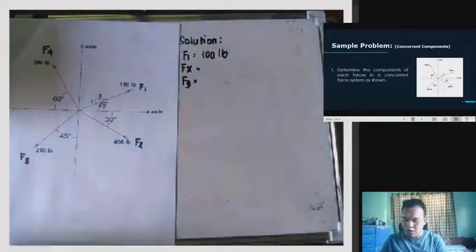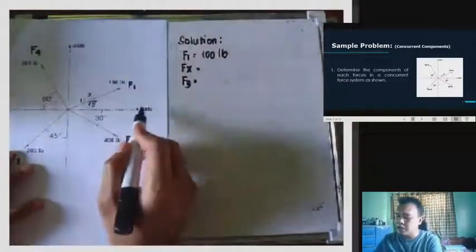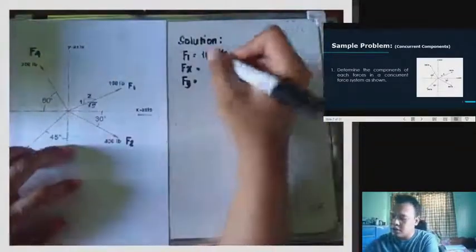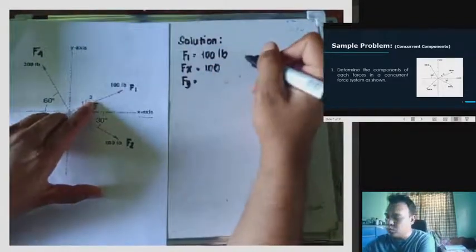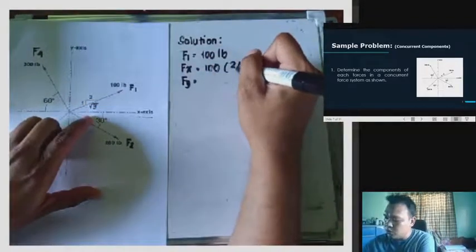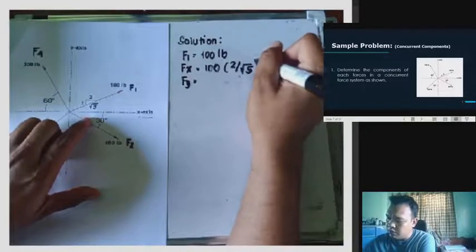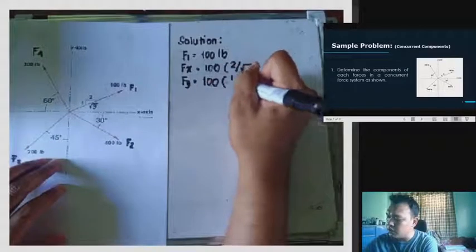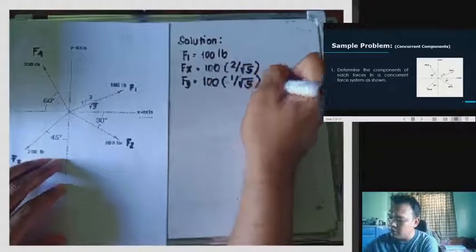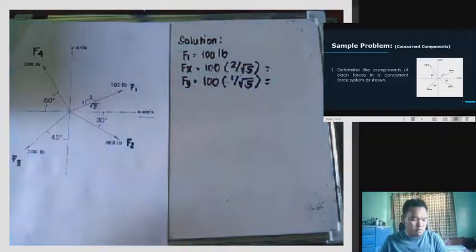So, to get the component Fx, this is our x-axis, so Fx is 100 times its x, which is 2, so 100 times 2 all over the square root of 5. Then, for Fy, it is 100 times 1 all over the square root of 5.